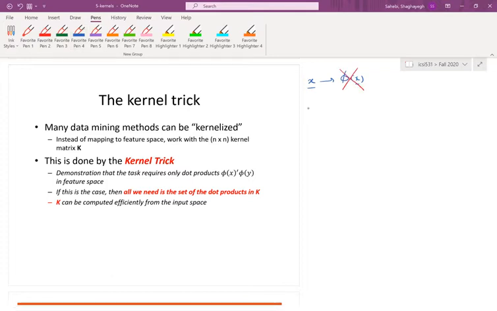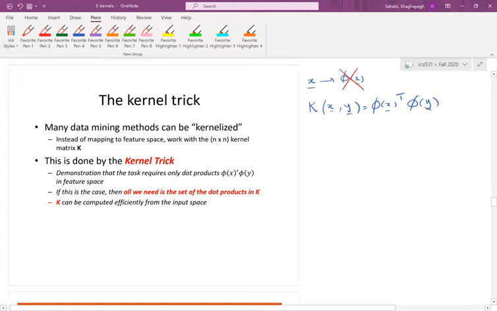What we have access to is the kernel function that is defined between our data points, and it can be represented as a function of our data points in the original input space, but it means that it is a similarity between our data points in the new feature space.